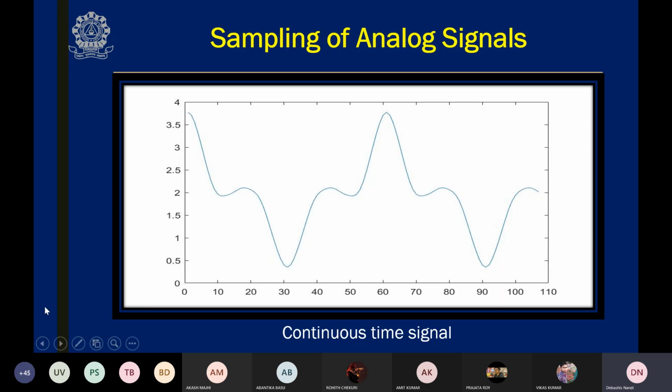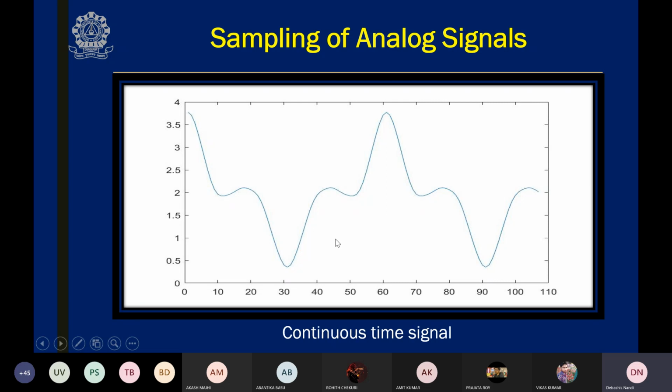For example, here from 0 to 110, within this range, for this particular signal, you can get an infinite number of points between 0 and 110. So if you want to store the sample values for each and every time instant, it is not possible, because you will get an infinite number of sample values from this signal.